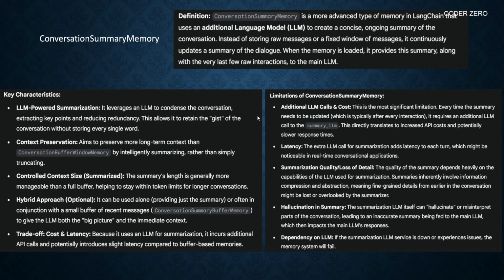So here we are not sliding a window, we are not keeping the raw text like we did in the previous case. Here we are taking another LLM call to create a summary of the ongoing conversation, and we keep that in our memory. While dealing with a new conversation, we take this summary with the user query and give that to the LLM. Now let's see this in action.